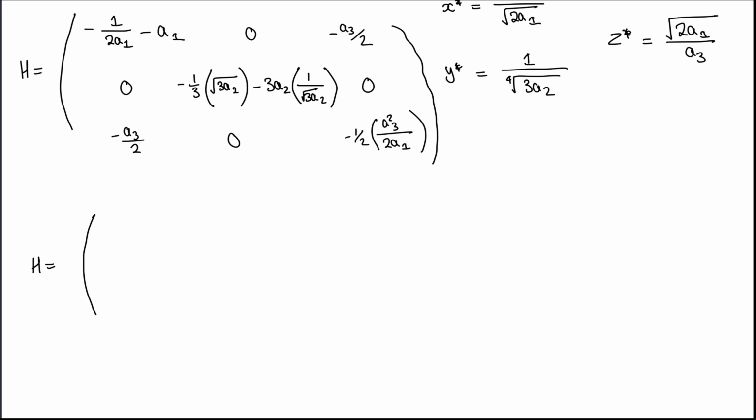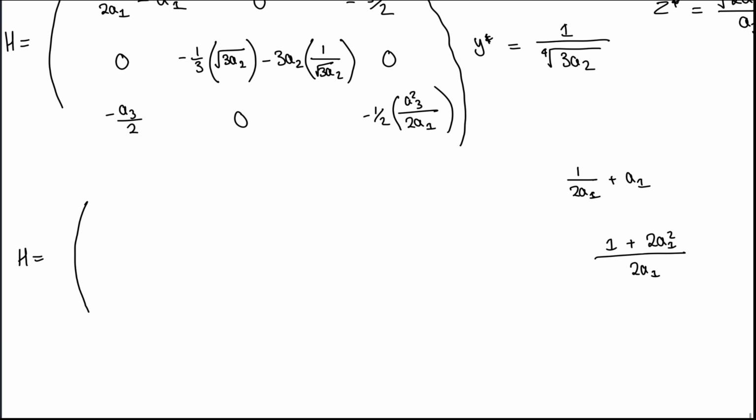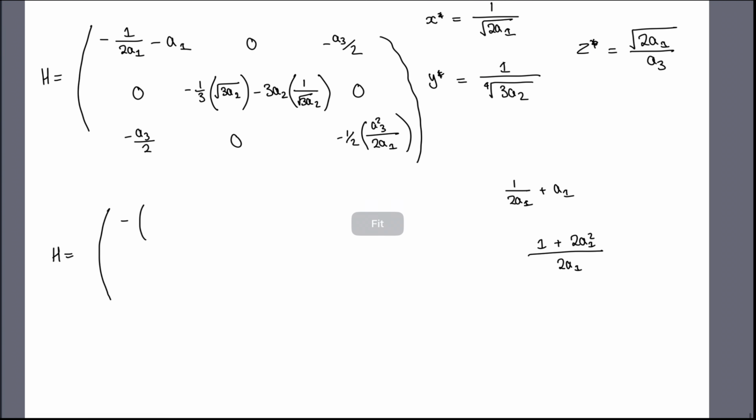If we now simplify some of this, we get minus 1 plus 2a1 squared all over 2a1, 0, minus a3 over 2, 0.